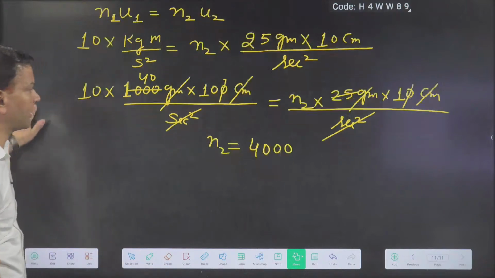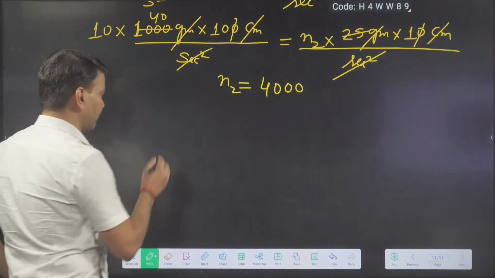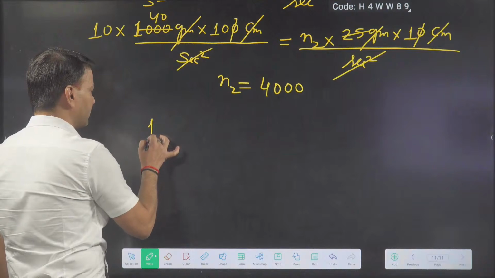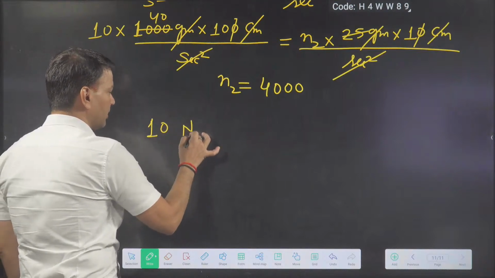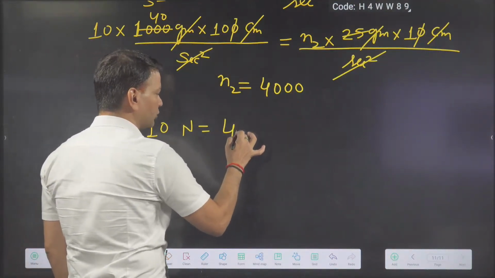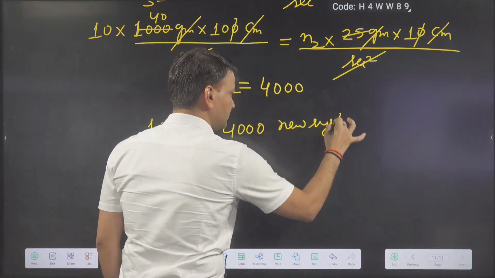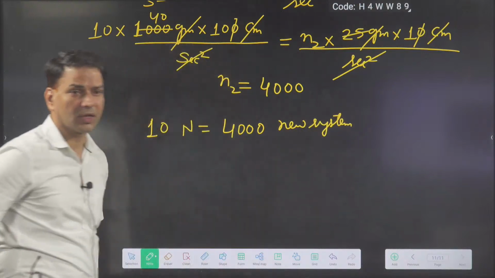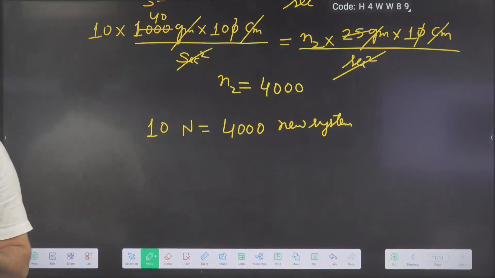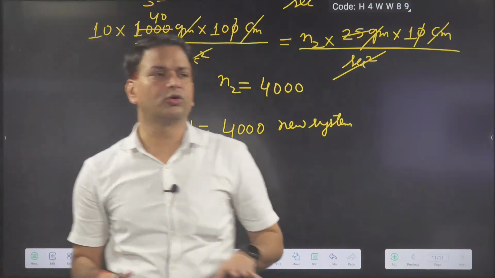After that, how can I write the relation? I can write N1 U1, N1 is 10, U1 is Newton. That is equal to N2, which is 4000. Okay. Why am I writing this relation, 10 Newton is 4000 in the new system?